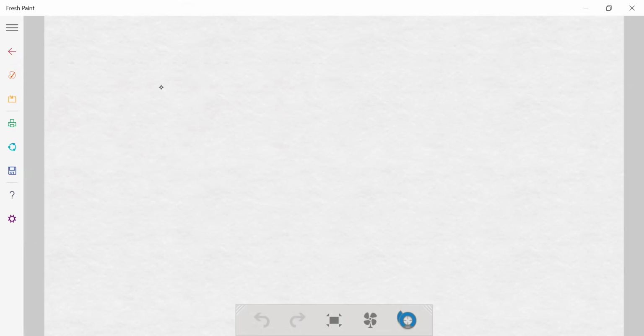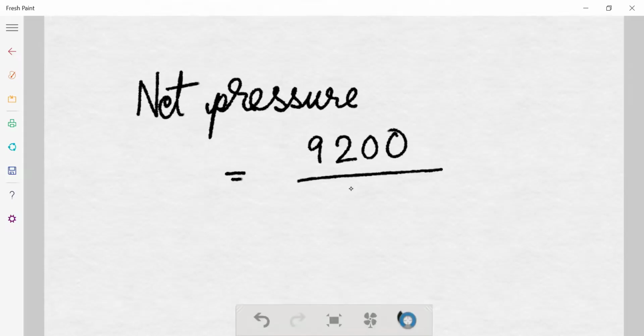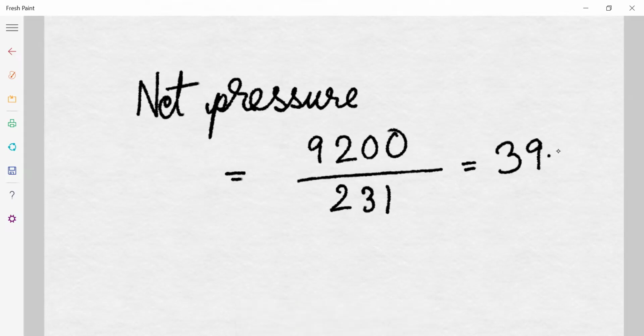Now, what will be the net pressure? It is equal to load 9200 by 231. So it will become, let's check, 9200 by 231, 39.83 kilonewton per meter square.